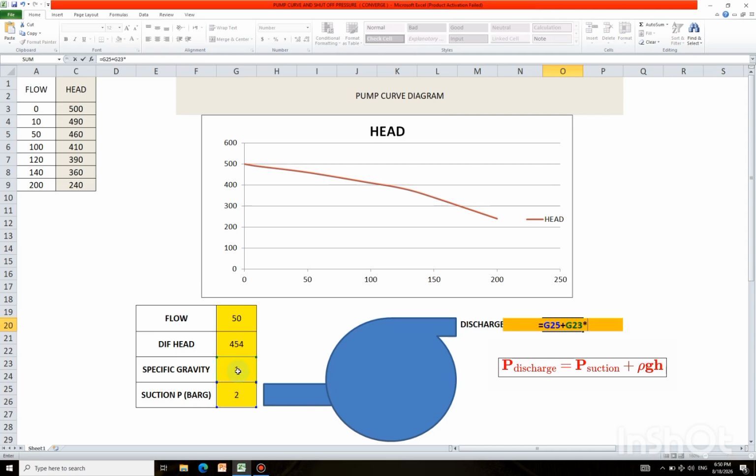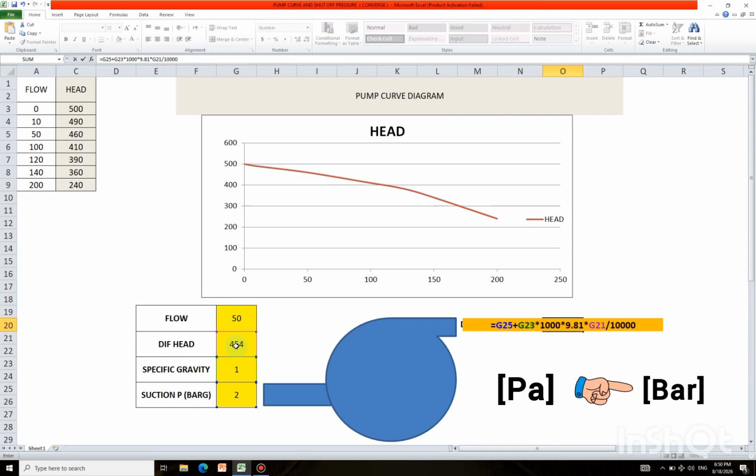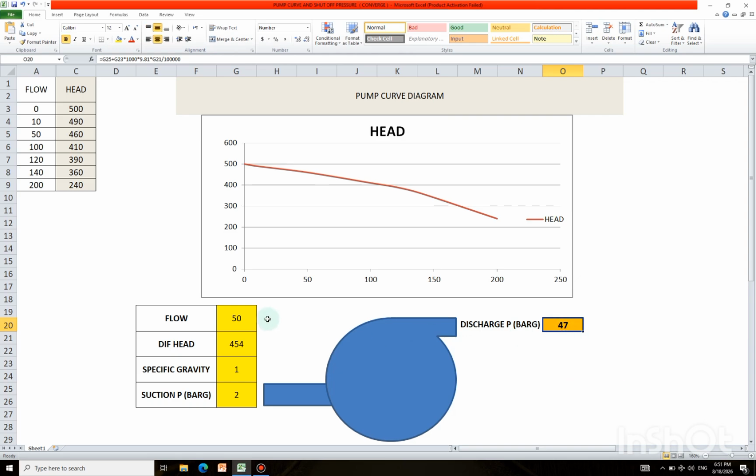The density, rho, is the specific gravity times 1000, which is the density of water at the standard condition, times 9.81, which is the acceleration due to gravity, times the head that the pump can produce, right, can generate, over 10 to the power of 5 to convert Pascal into bar. As you notice, Excel will calculate the discharge pressure, for example, for this flow rate.